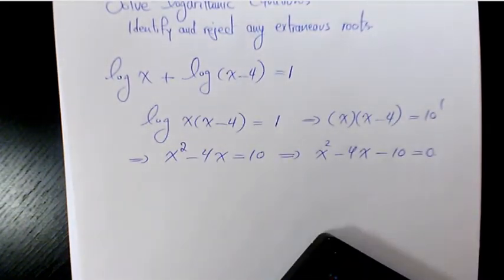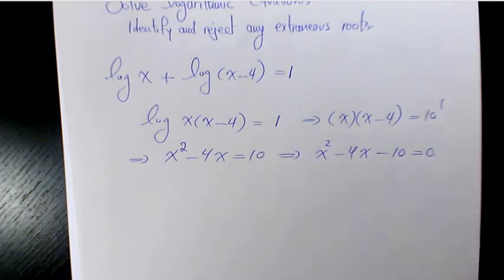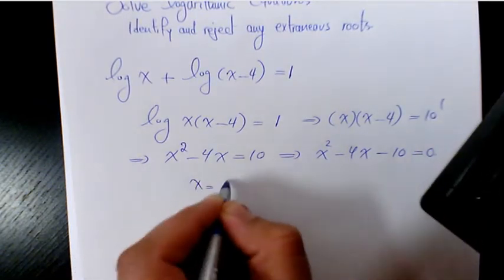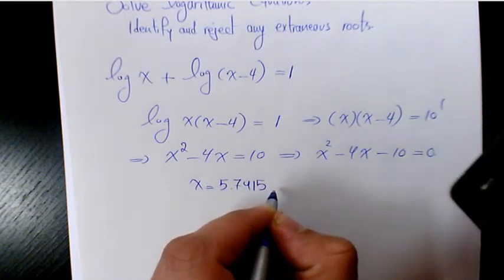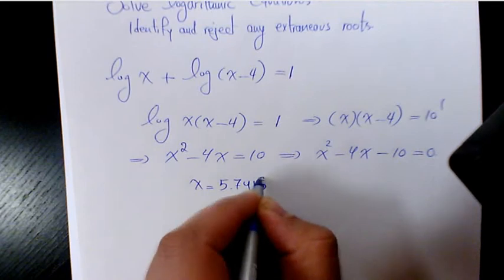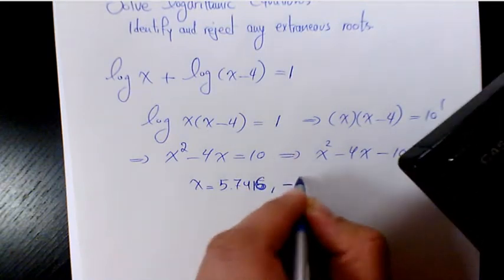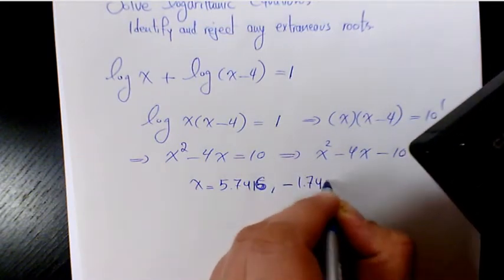Then I can use the quadratic formula in order to find the roots. The two numbers I got here are 5.741516 and negative 1.742.